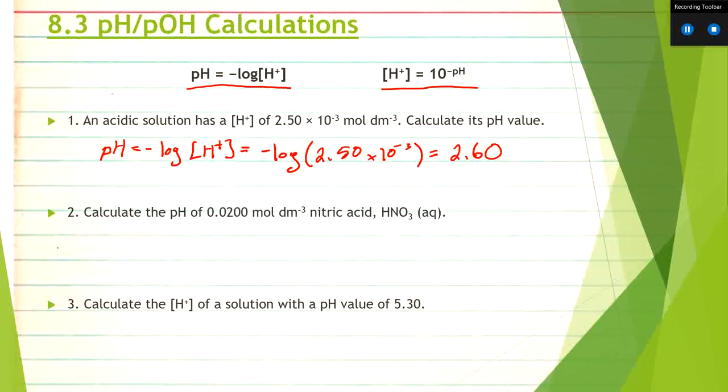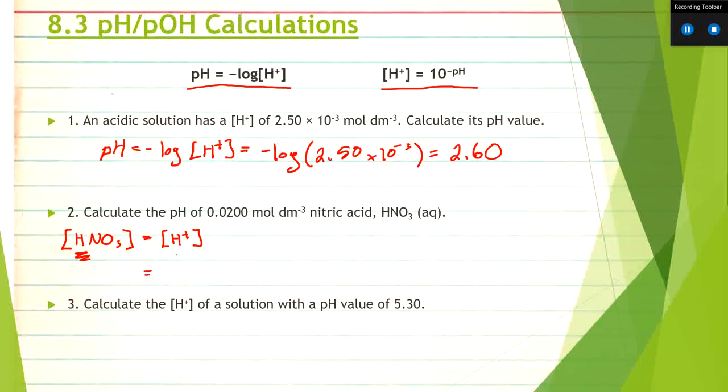An important thing to know, and we'll get to this in the next lesson, is that a strong acid will 100% dissociate in solution. So the concentration of your strong acid will be equal to the concentration of H plus in the solution, assuming we are dealing with a monoprotic strong acid, which in this case we are. If we were dealing with a diprotic one, then we may end up having to double the concentration of hydrogen.